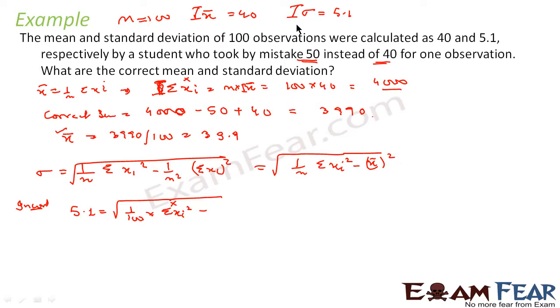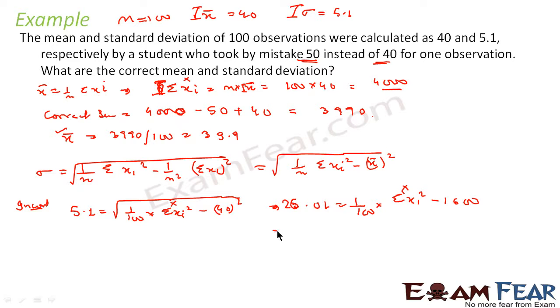The incorrect mean is 40, so 40 square. When you solve this, 5.1 square is nothing but 26.01, which equals 1 by 100 into sigma xi square, incorrect, minus 1600.